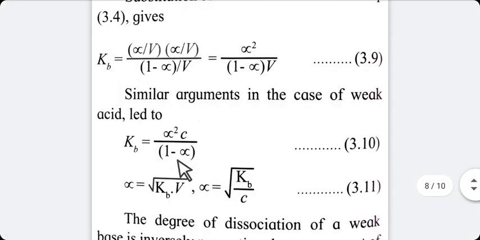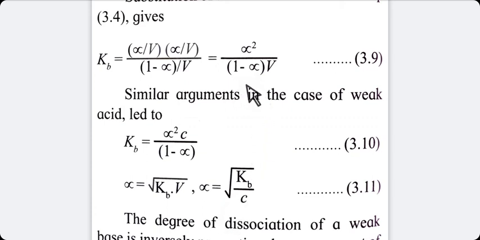Similarly, Kb is equal to alpha square upon 1 minus alpha, alpha square C upon 1 minus alpha. C means 1 upon V, 1 upon V means C. From this formula, Kb is equal to alpha square upon 1 minus alpha into V. As we have already studied, for a weak acid, alpha is very small, so 1 minus alpha is equal to 1. A similar concept we are using here. For a weak base, alpha is very small.